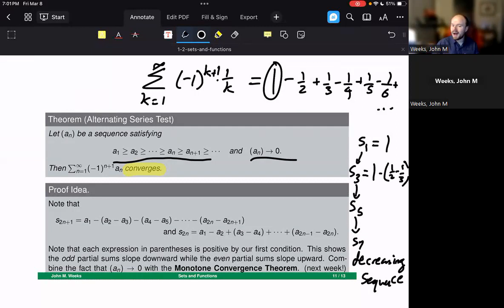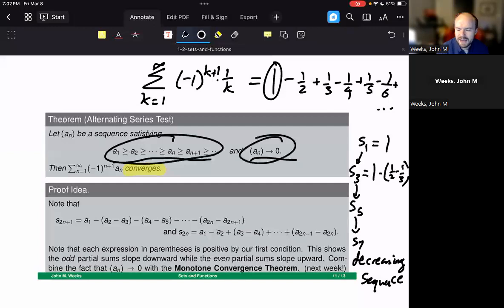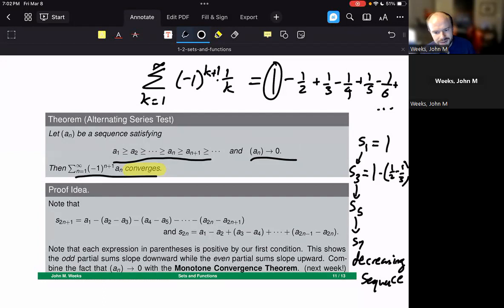So that's the idea behind this. We'll maybe talk about this a little bit more once we get to the monotone convergence theorem. But this test says all I need to take a look through these things is to try and piece things together in terms of pairs or odd partial sums or even partial sums. So any sequence that decreases and goes to 0 is good enough when composing an alternating series.